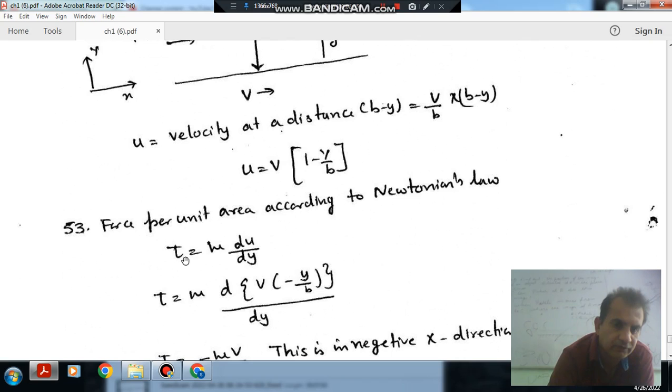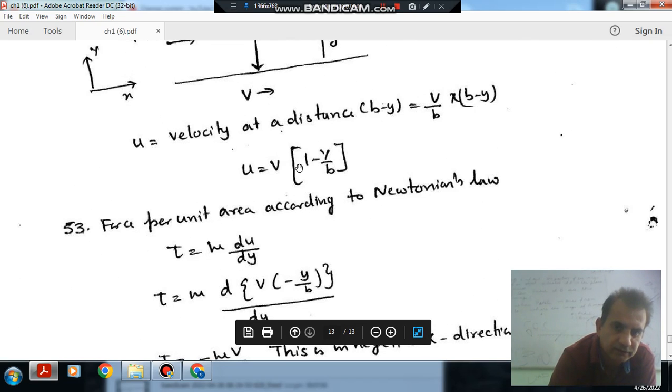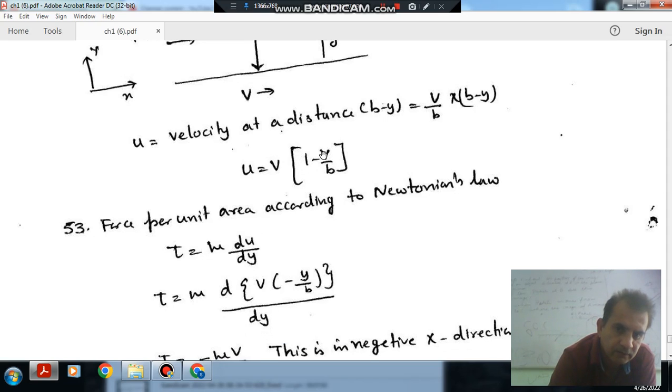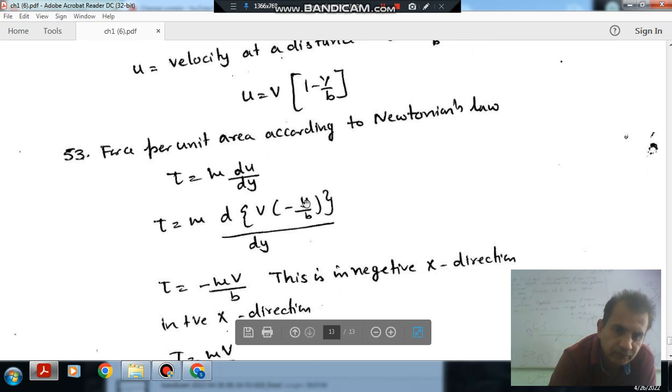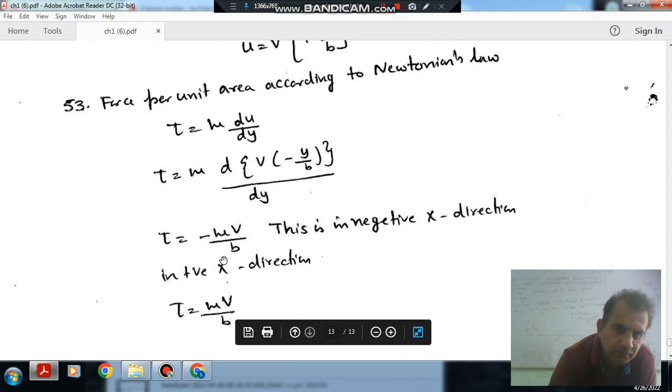Now the second question is force per unit area. By Newton's law, tau is equal to mu du by dy. The differential of 1 will be 0 and the differential of y by b will be 1 by b, so it will be minus mu V by b.